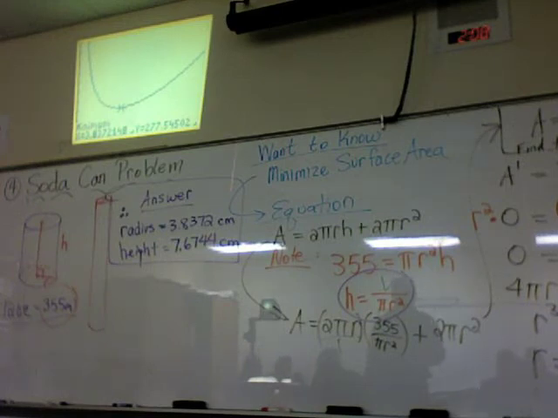This is the most efficient way to have a container to hold the most amount of soda with the least amount of material. This is it. Isn't it cute? It is so cute. This actually is not 12 ounces. It's more. It's 13 and a half ounces.